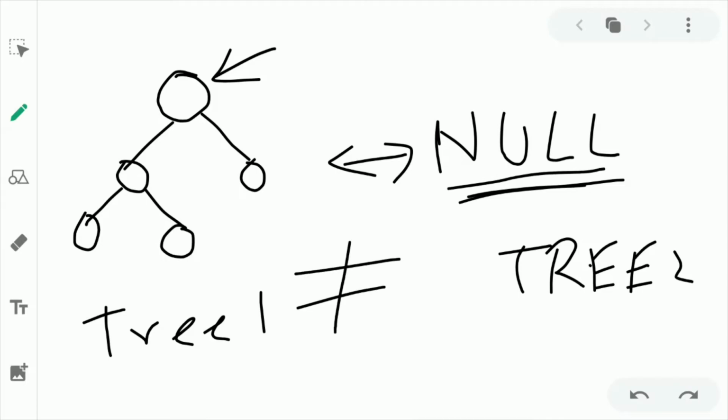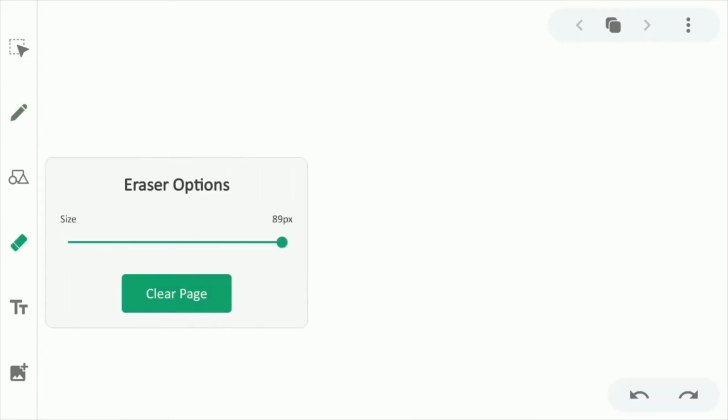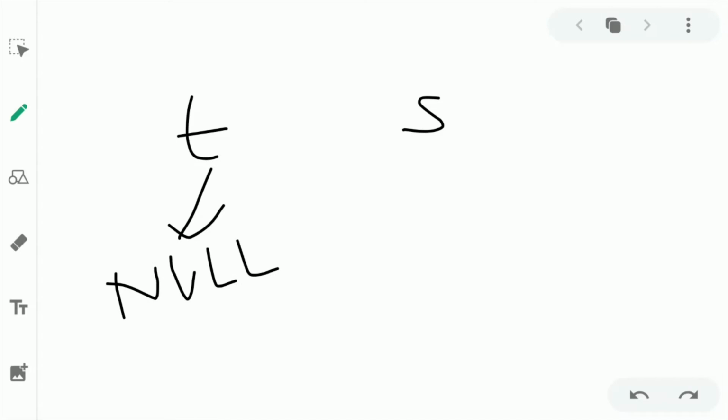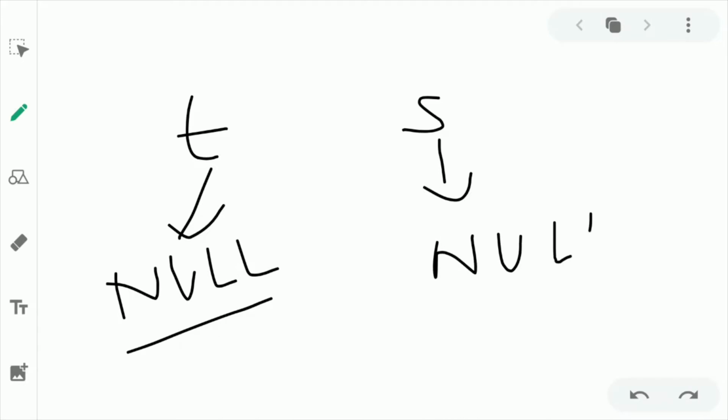So first of all we have to check if, between the given two nodes, one is P and another one is S, if any one of them is null, then we have to check one another condition. Can you think of one condition where if any one of these is null, then also they will be equal?